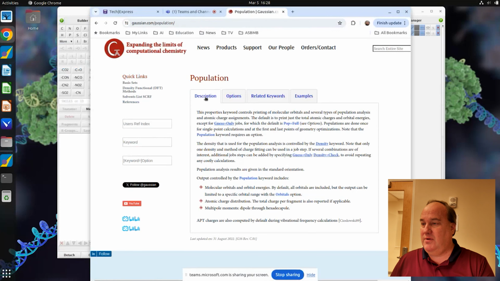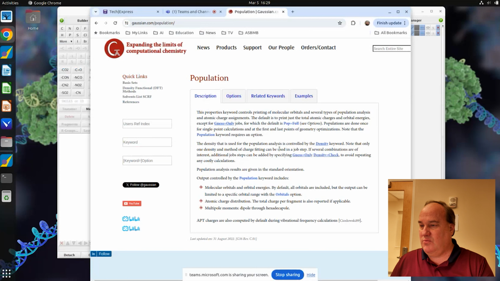This keyword controls the printing of molecular orbitals and several types of population analysis and atomic charge assignments. The default is to print just the total atomic energies and orbital energies, except for guess equals only jobs, for which the default is pop equals full.